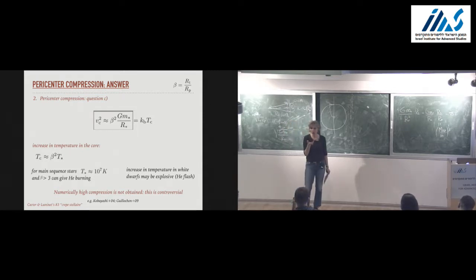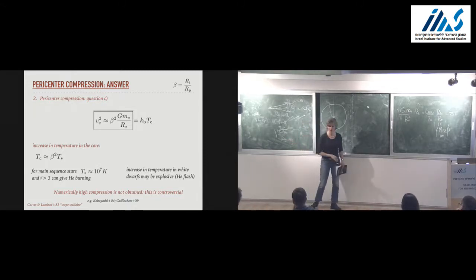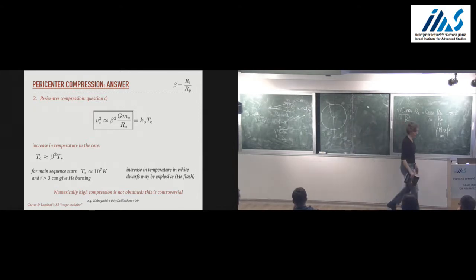And you know that when you hit a degenerate core, then you can have unstable ignition of helium, like the helium flash for low mass evolved stars. Okay.